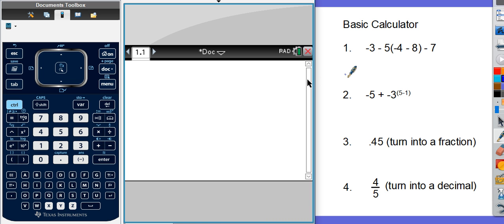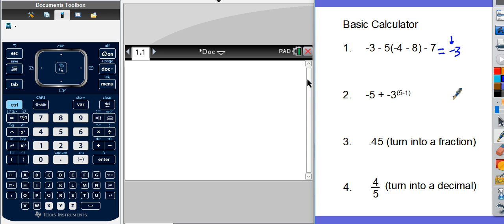So when I'm looking at something, kind of the rule that I use is, in order to be a negative, it's got to be the beginning of something. So if it's the beginning of the problem, then that would be a negative. If it's the beginning of a parentheses, that would be a negative. If we had an equals -3, this would be the beginning of the second half.